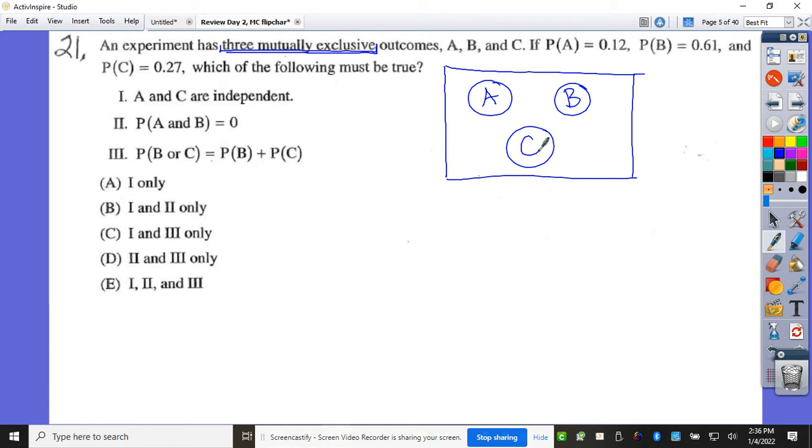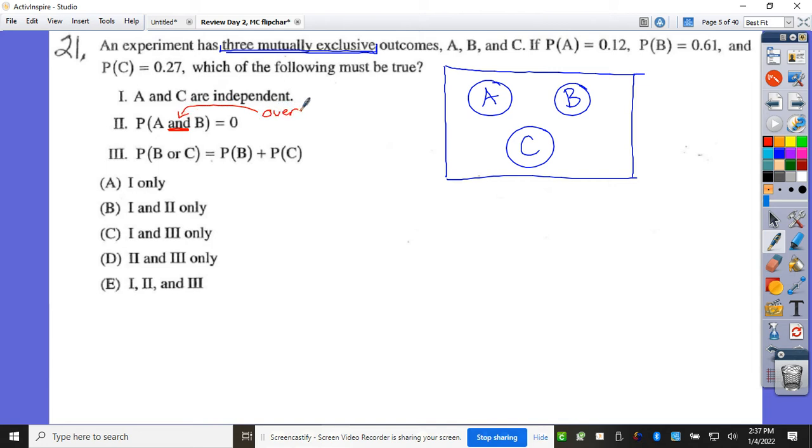So when I say that the bubbles are separate, that means they do not what? Overlap. What does this word mean as far as that picture? If it has both properties. So it would be where they overlap.